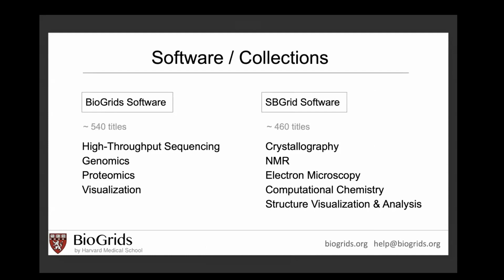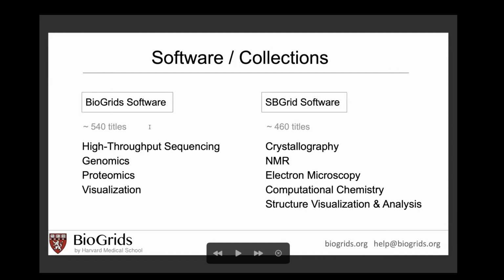So to give you a high-level overview of the differences between them, the BioGrids software is mainly a collection of life sciences software. This includes bioinformatics tools, and the collections that are labeled in the installer and on the web page include high-throughput sequencing, genomics, proteomics, visualization, and some utilities.